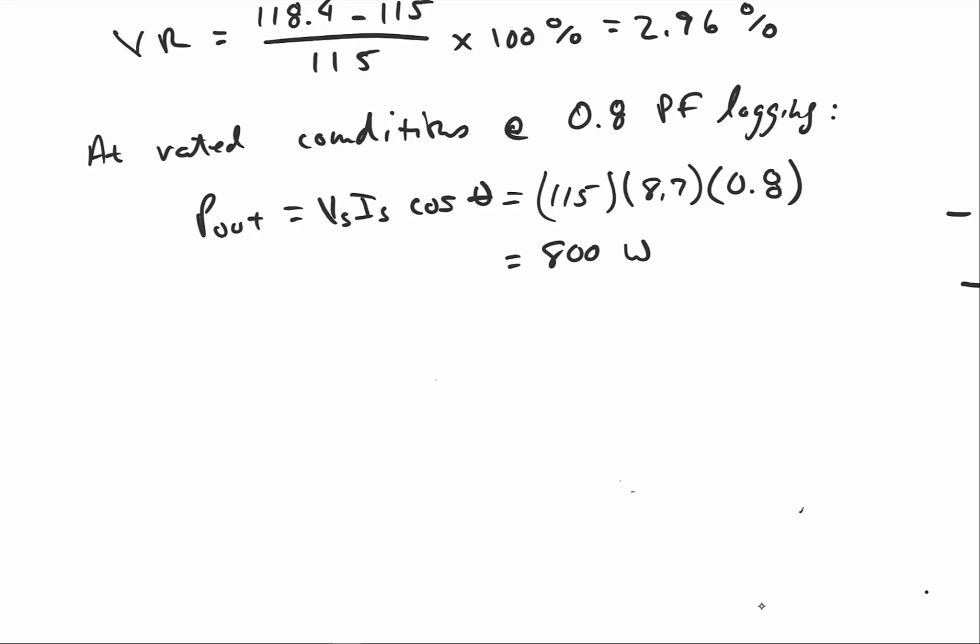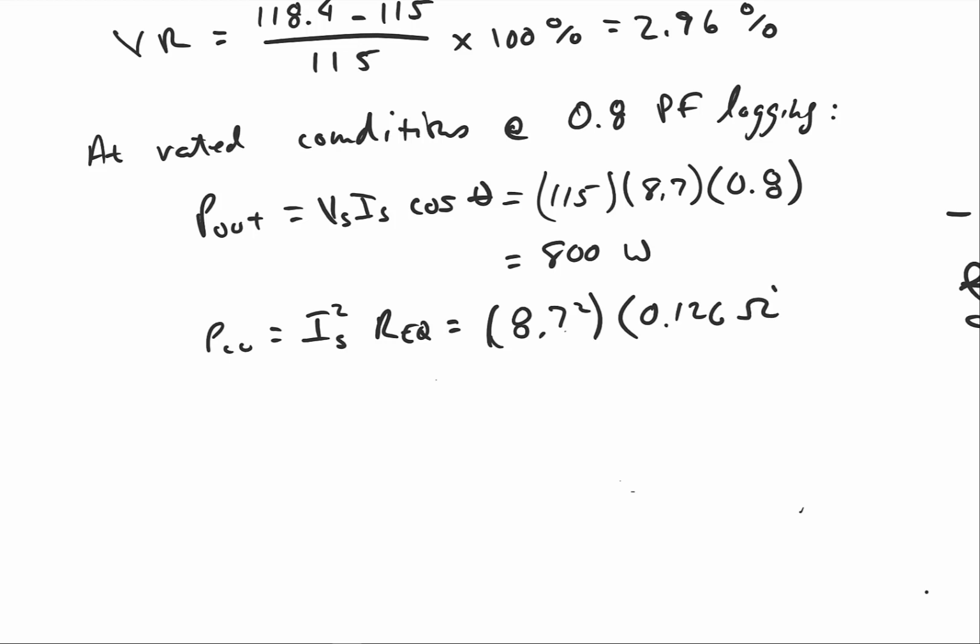We get the copper losses. That would be equal to I squared R equivalent, which is going to be 8.7 squared, and our R equivalent is 0.126 ohms. So that gives us 9.5 watts.